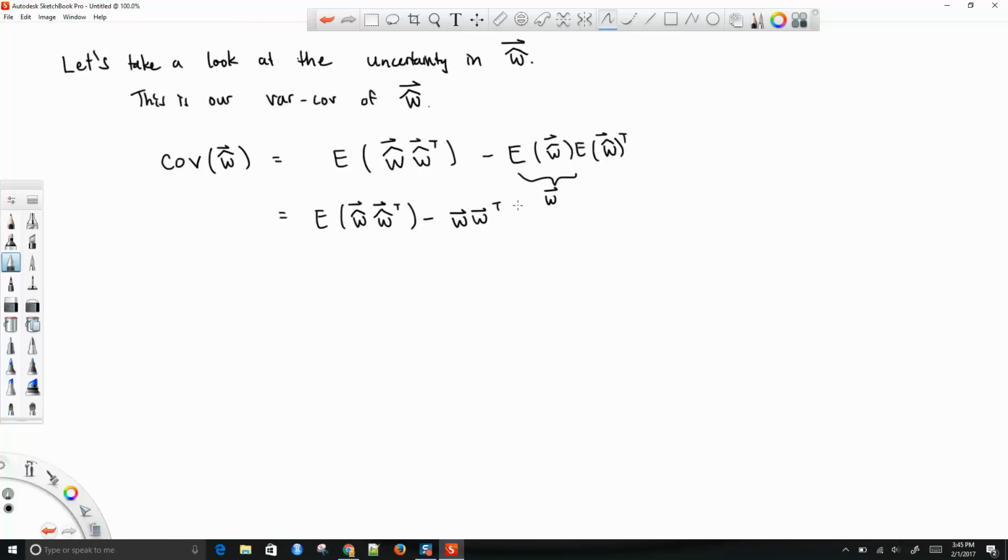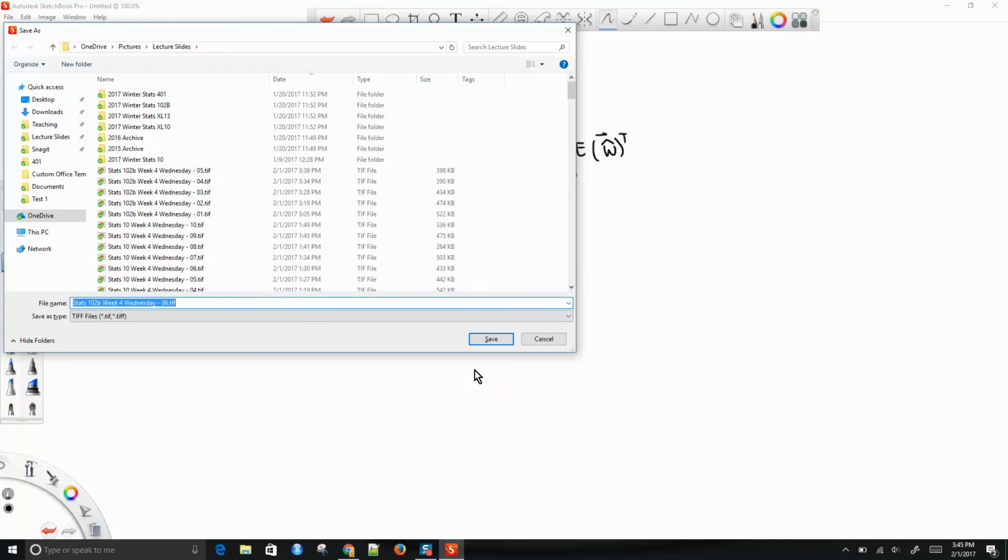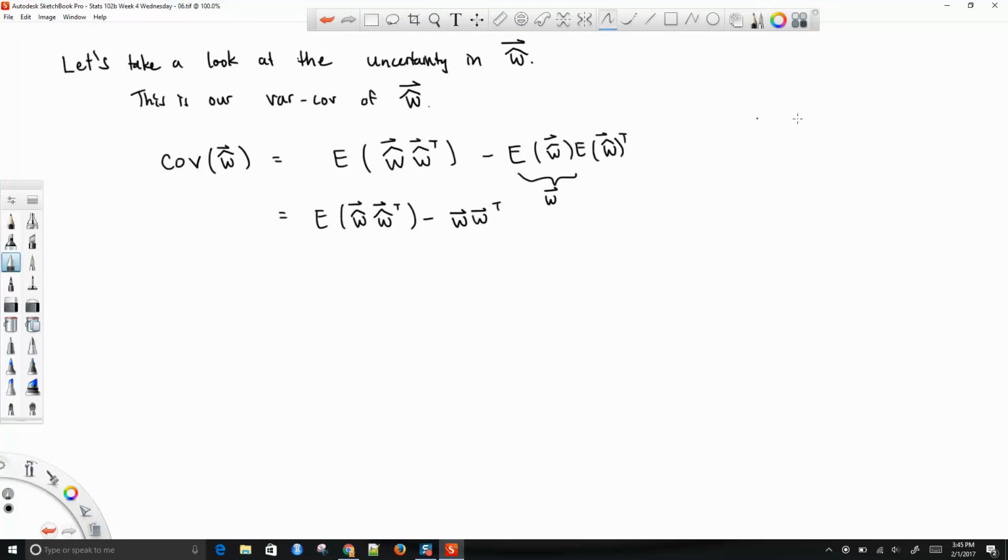All right. If you just think back to the definition of the variance of x, it's the expected value of x squared minus E of x quantity squared. It's basically this, except we have a multi-dimensional thing, so it's going to be covariance, and because it's vectors, we can't just put squared. We have to do this WW transpose business. Okay.